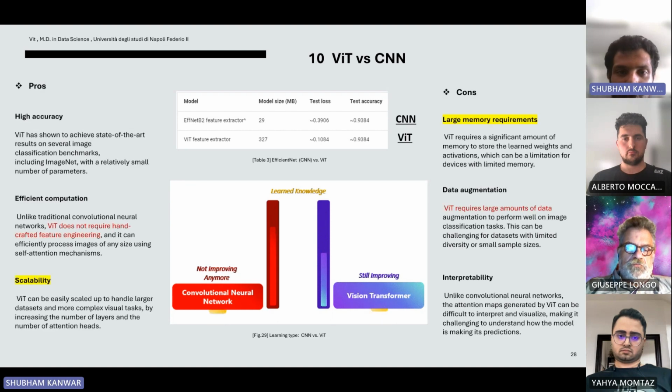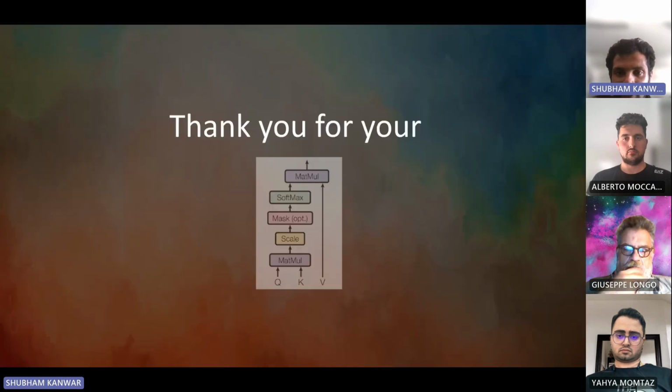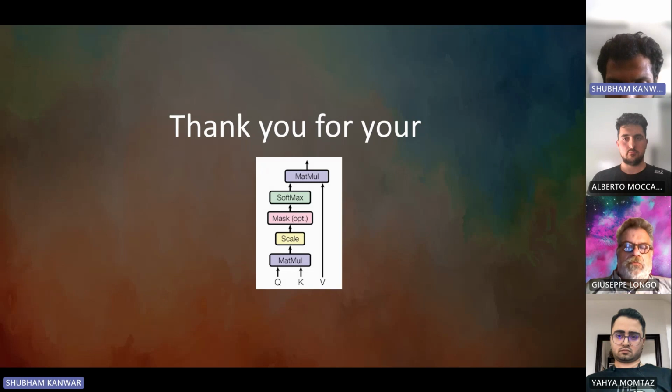So comparing the two of them, ViT still stands ahead compared to CNNs because the parameters required in ViTs are fewer, but the data and computation requirements are more. So generally, CNNs are better, but if you have the computation power and GPUs, it is better to go with ViTs. So that is the conclusion. And that's pretty much it.